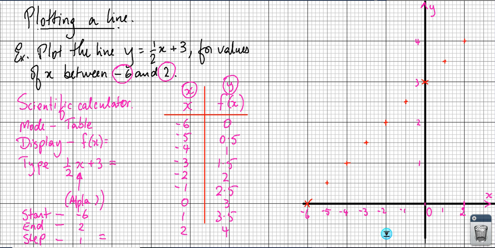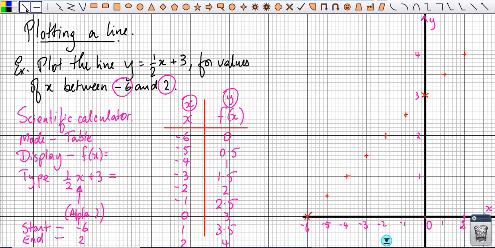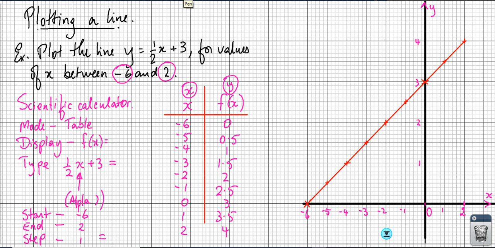Now I've got enough coordinates, even 2 and 3 that would have been enough, but now I have enough coordinates to plot the line. And there you have it. Okay, so now this time I have plotted a straight line. It's normal also to write down the equation y equals half x plus 3. Okay, so we have plotted our straight line.